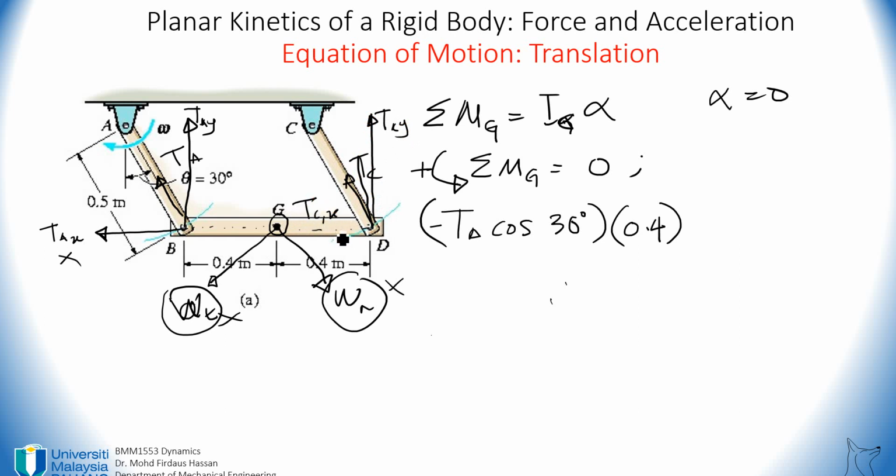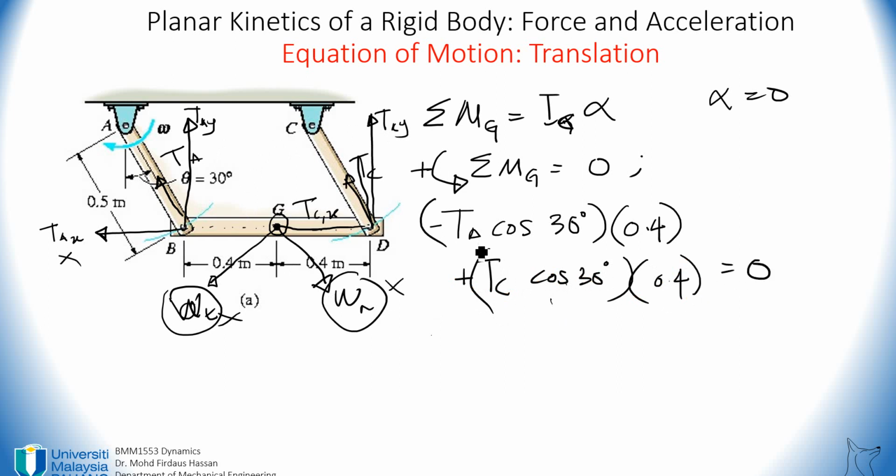TCX is not counted because it crosses the point G. TCY is positive since it creates a counterclockwise moment, plus TC cos 30 degrees times 0.4, and then is equal to 0.